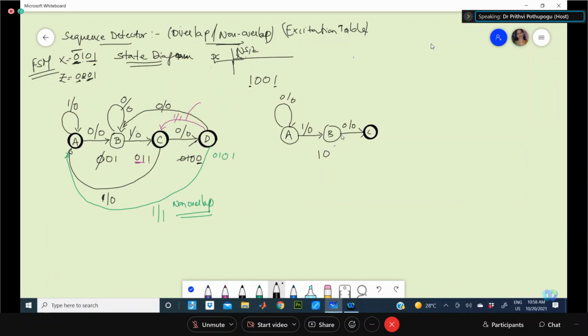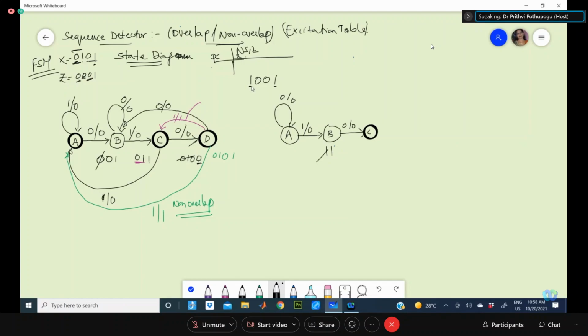Now in state B, if in place of 0 you are getting 1, the 1 was identified when you reached state B. If one more 1 is received, it is not in the sequence because 1, 0 should be in sequence. But the first 1 identified can be discarded, and the second incoming 1 can be considered the first bit of the sequence.